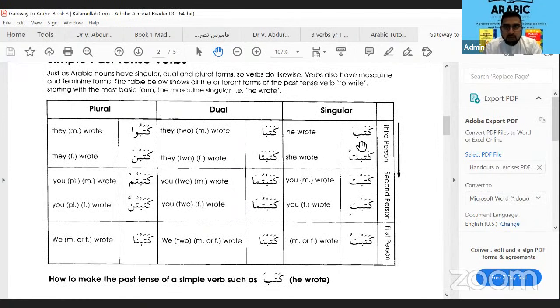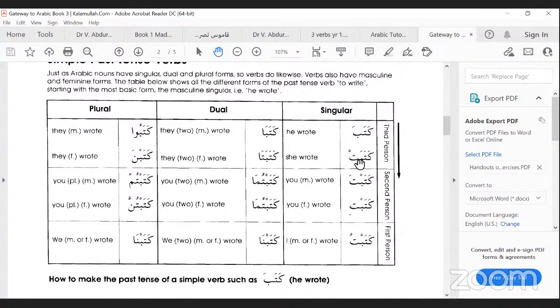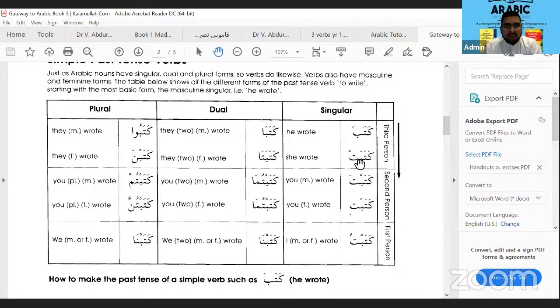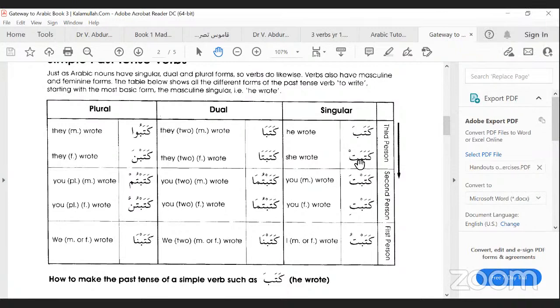So, can you see on the screen the verbs now? How many verbs are there for the past tense, Fazil? Meaning, how many forms? Do you remember?